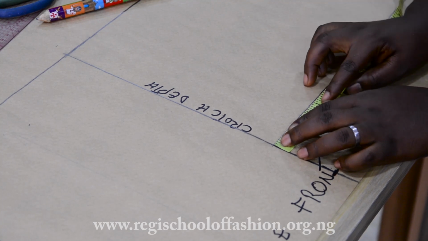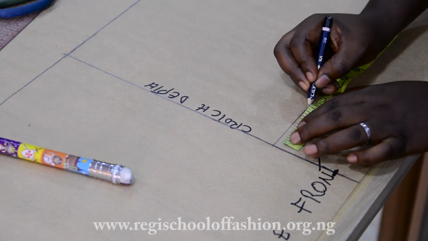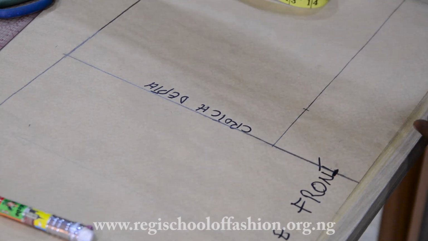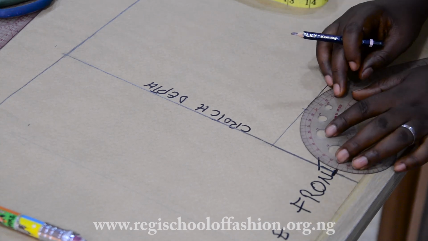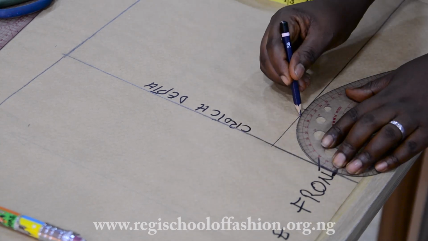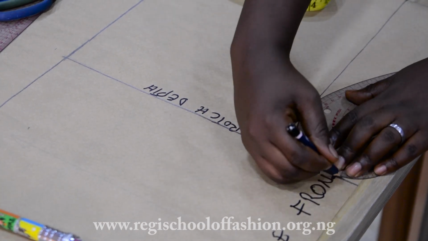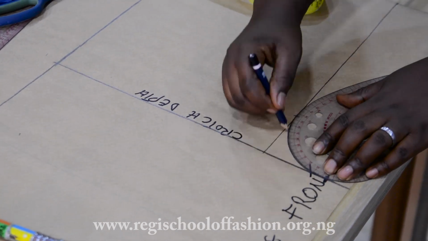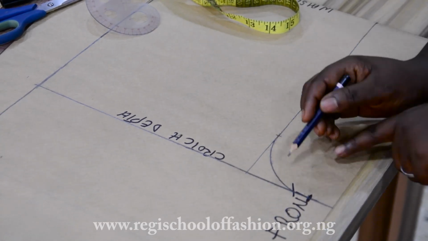I will measure the 2.5 inches upward. Then I'll connect these 2 points together. So this curve is going to serve as the crotch curve.